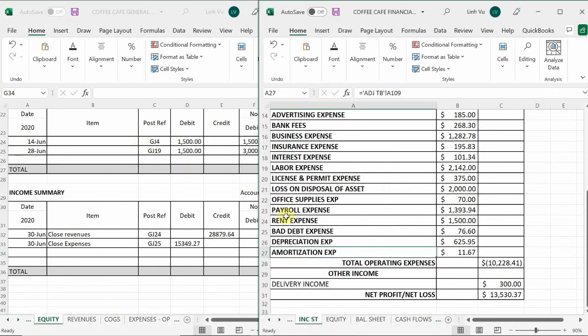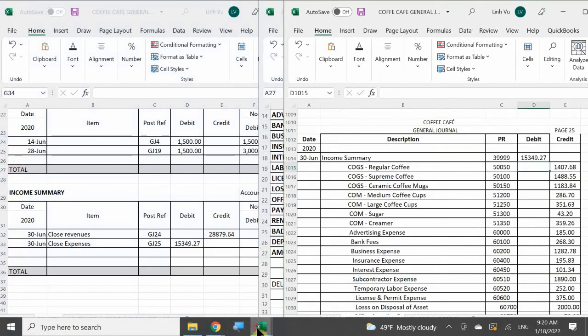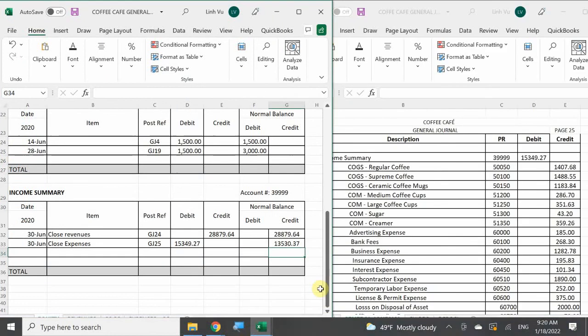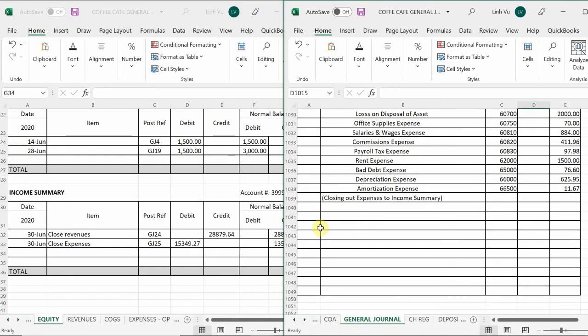Now, of course, to wrap up the rest of this, we need to close out our income summary to our equity because we reinvested the money into our equity.